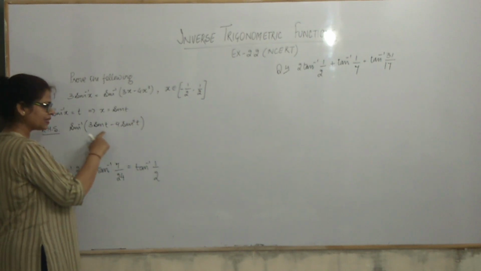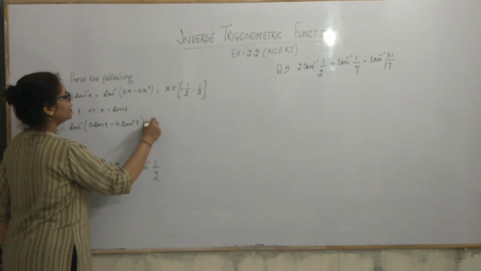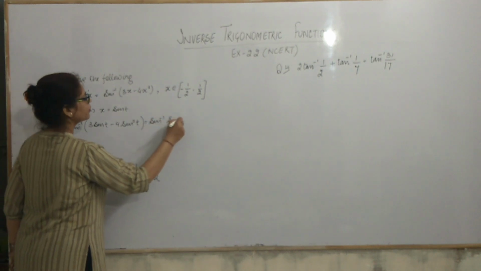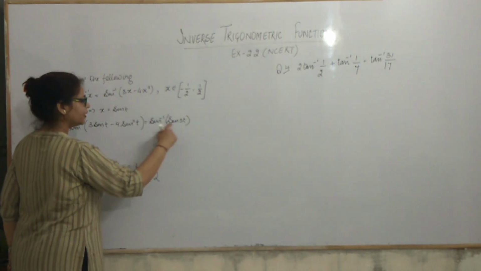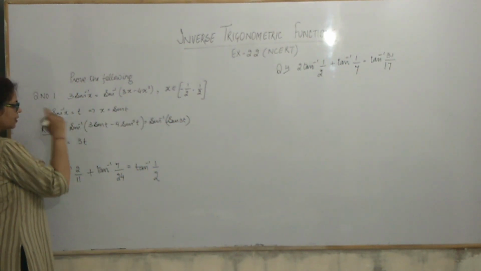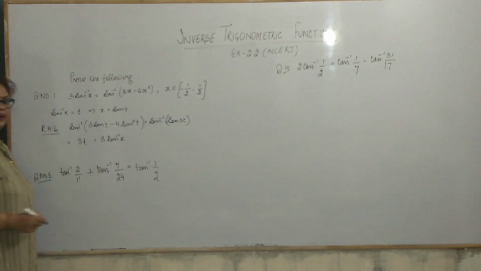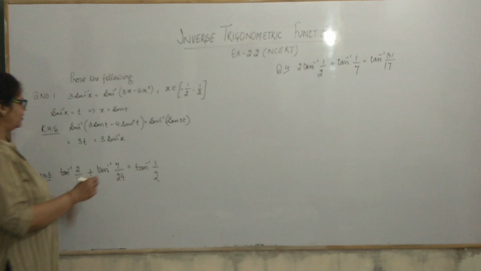You know very well 3 sine t minus 4 sine cube t is sine 3t, and sine inverse sine 3t is 3t. t is sine inverse x. Here is the answer. This is the left hand side.